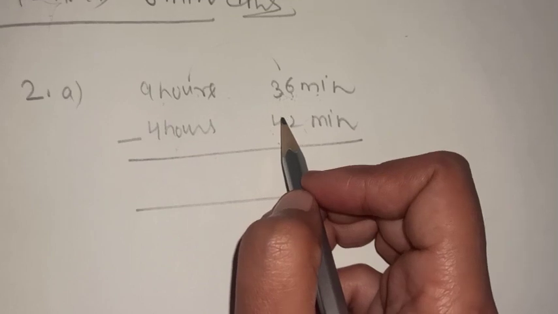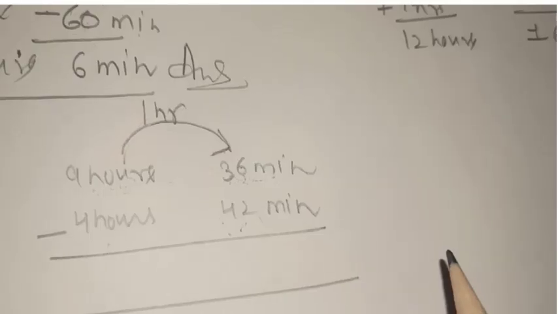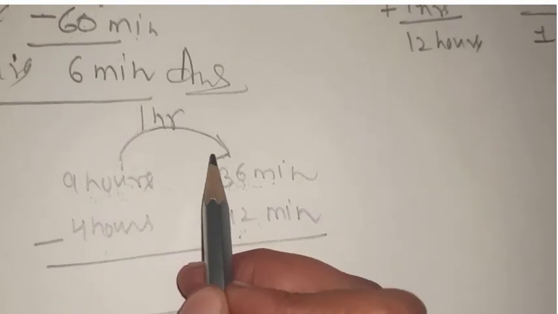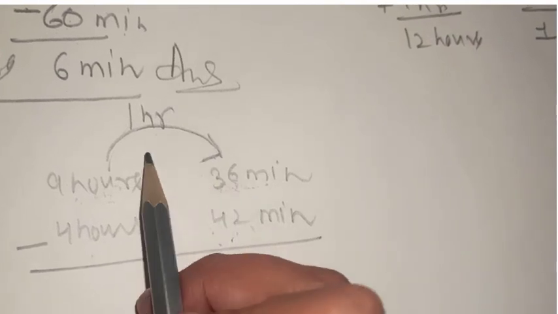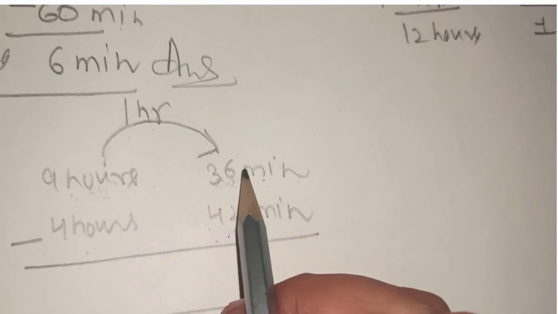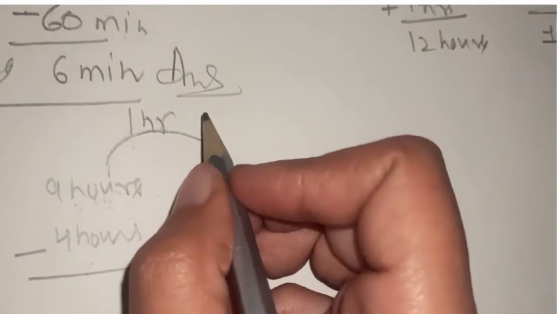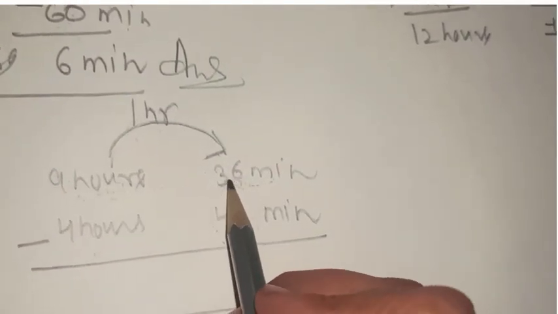So what do we have to do? We have to take a carry from this side. Now we have taken a carry from this hour section. It gave you 1 hour. It is not so that we will add 1 here, because 1 hour is going to the minute section, so it will be converted into minutes. We are taking 1 hour only, but it will be 60 minutes.